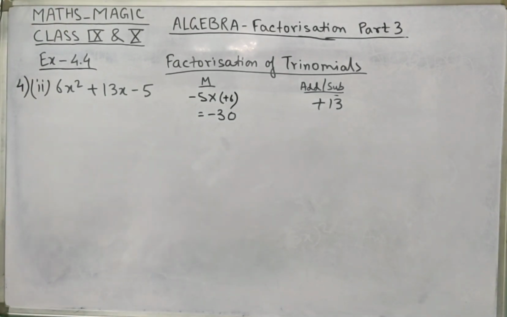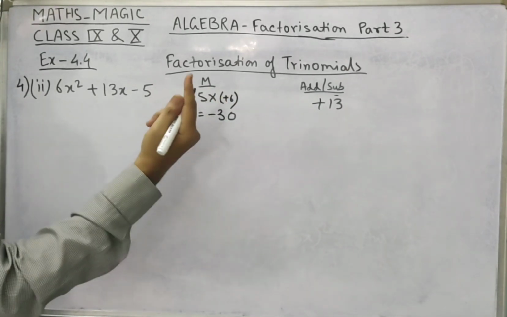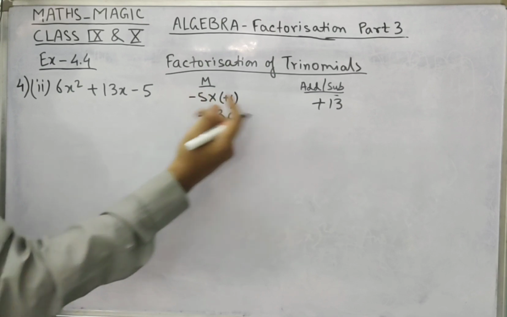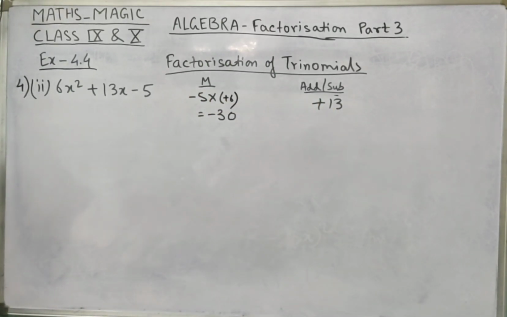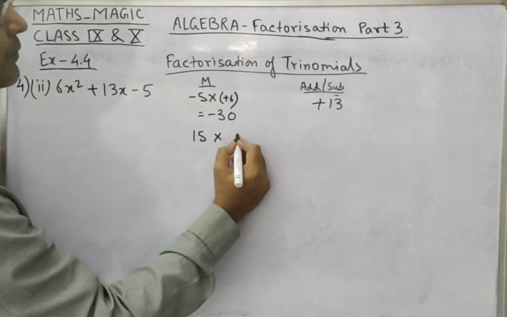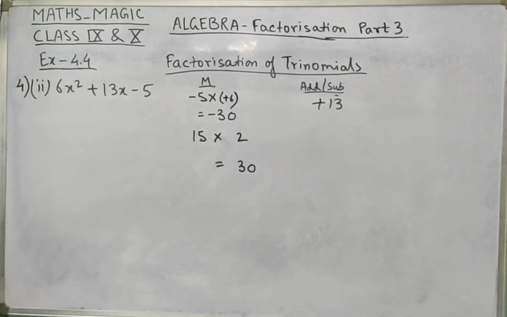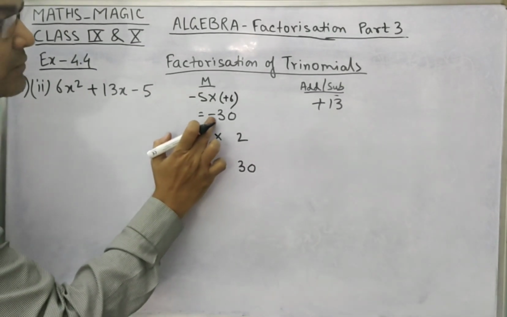So the first number which comes to everybody's mind is 6 5s are 30, the same number. But 6 minus 5 is 1. You will not get 13, plus 13. So let us take another number, 15 into 2. So what about 15 into 2? Yes, you get 30. Now you have to get minus 30.